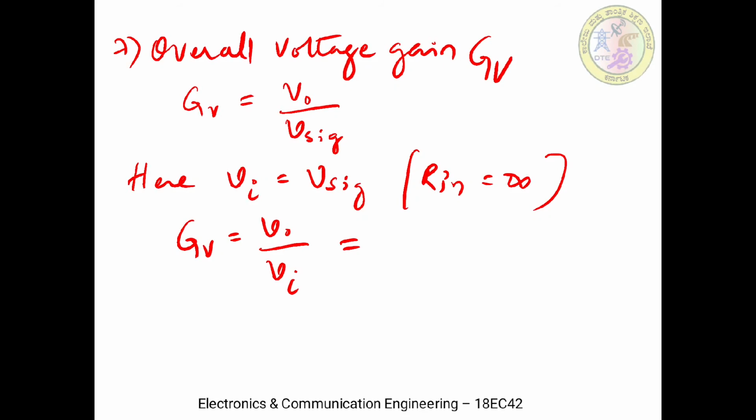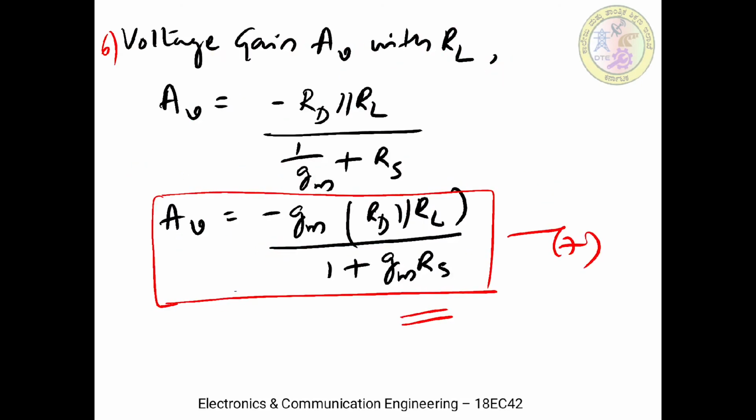This is nothing but the definition of AV only. Okay, so whenever VSIG, the signal source, is replaced by Vi value, then this ratio becomes voltage gain AV only. So because of this, now we can readily write GV is again the same as AV, that is equation 7.